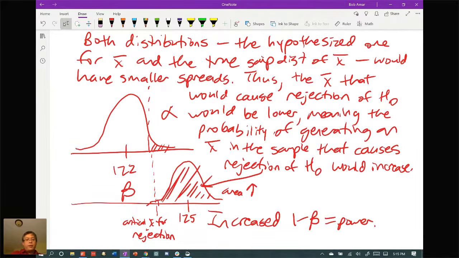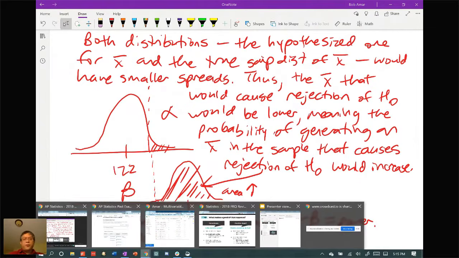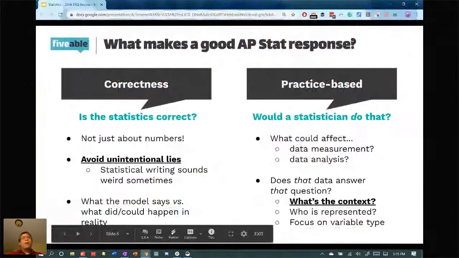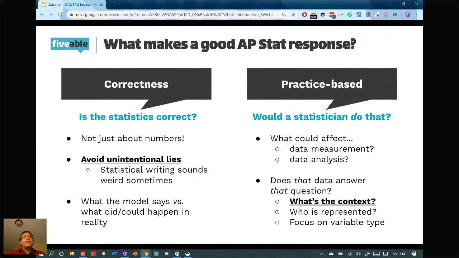All right. So thanks for sticking around for that wild ride there. Remember, what makes a good response is that you understand context, that you understand the difference between the model and reality, and that you avoid unintentional lies. Don't try to take the easy way out when writing a response. Always include the context.